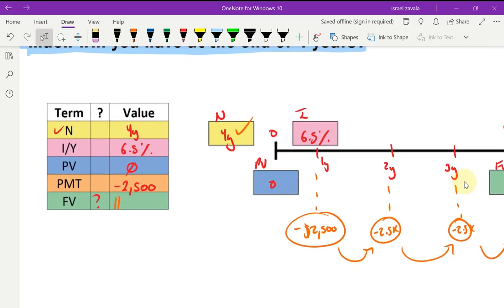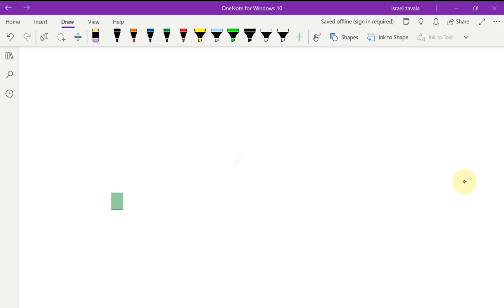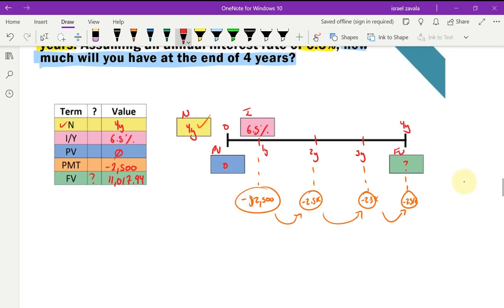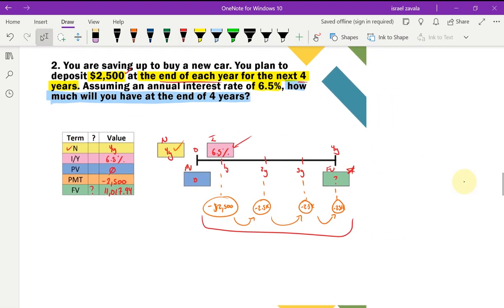That's what we would get, right, in 4 years, based on these 4 payments, compounding at 6.5%. Okay, all right. I think it's pretty straightforward.